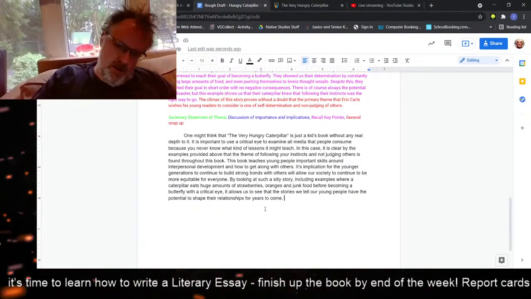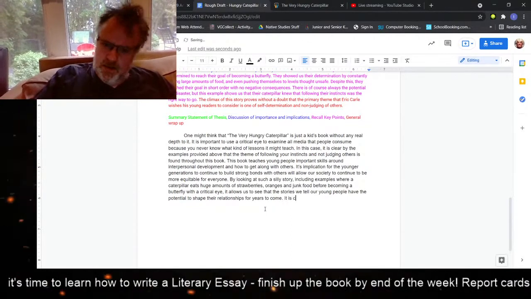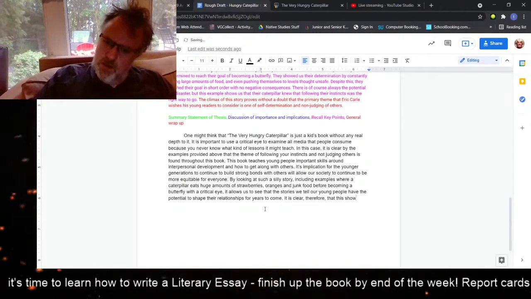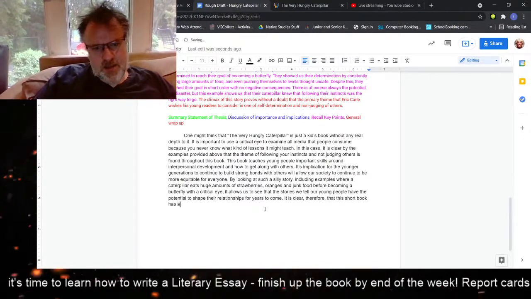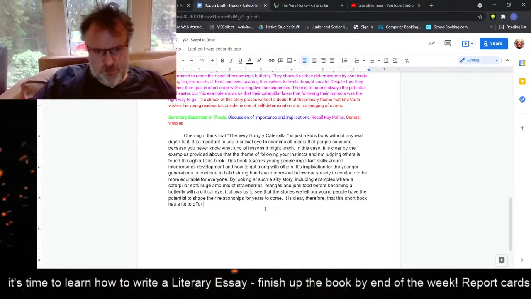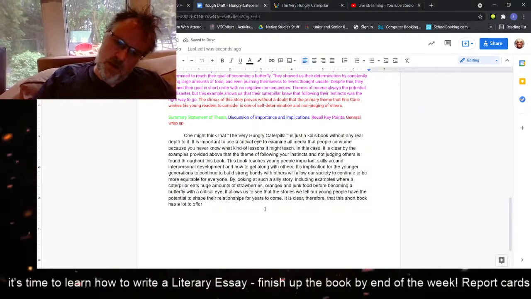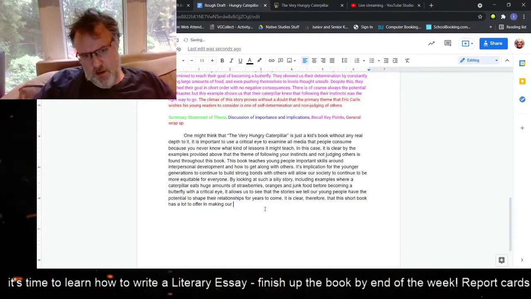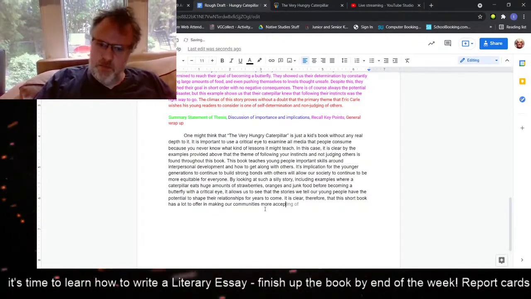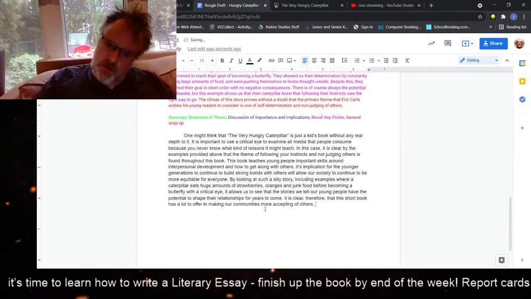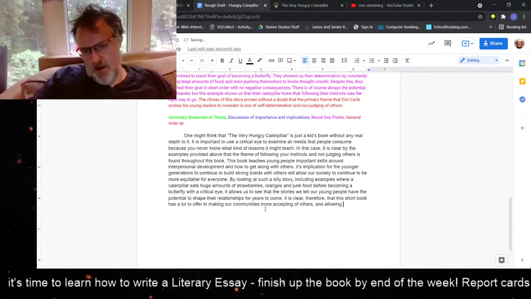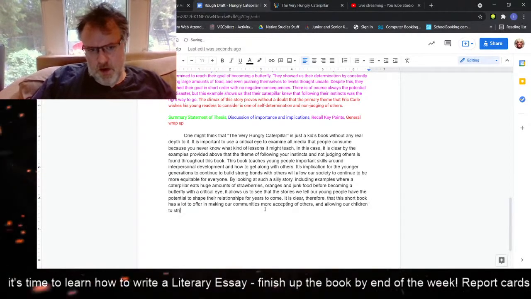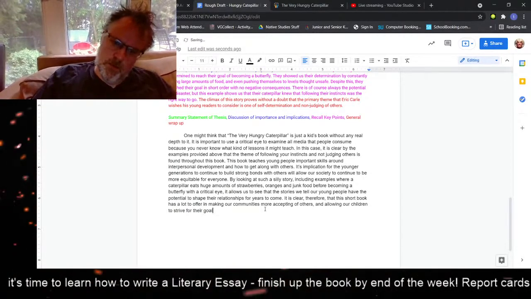All right. It is clear, therefore, that this short book has a lot to offer in making our communities more accepting of others and allowing our children to strive for their goals.